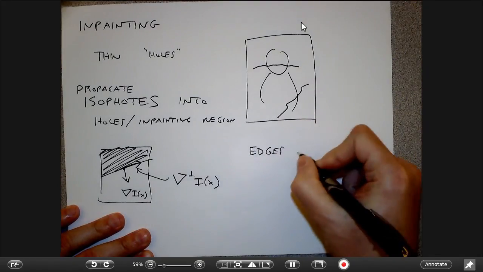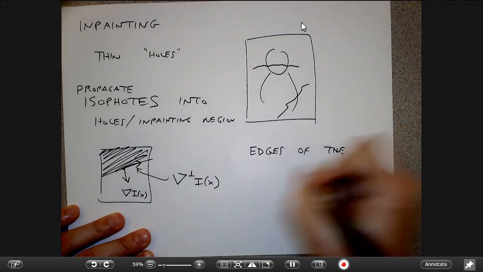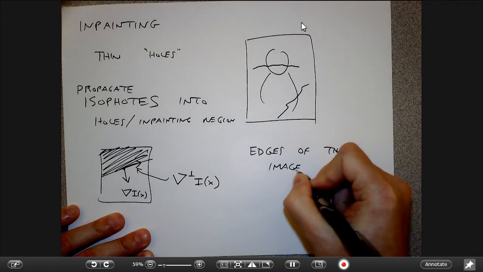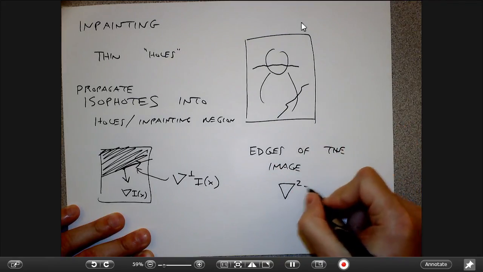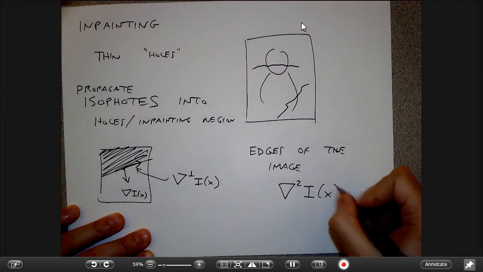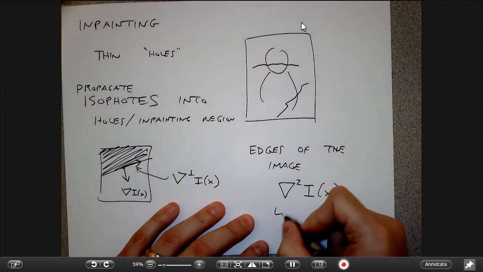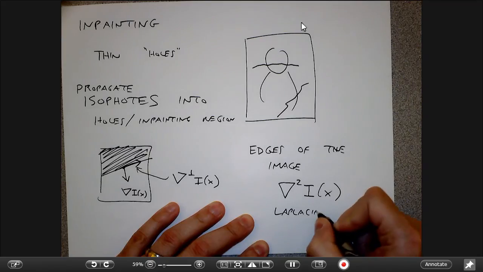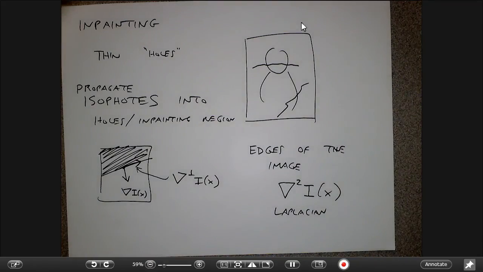The edges of the image, as we talked about last time, we can represent by the Laplacian of the image. This is one filter that I could run across the image and produce an edge map, kind of saying how strong the edge is.